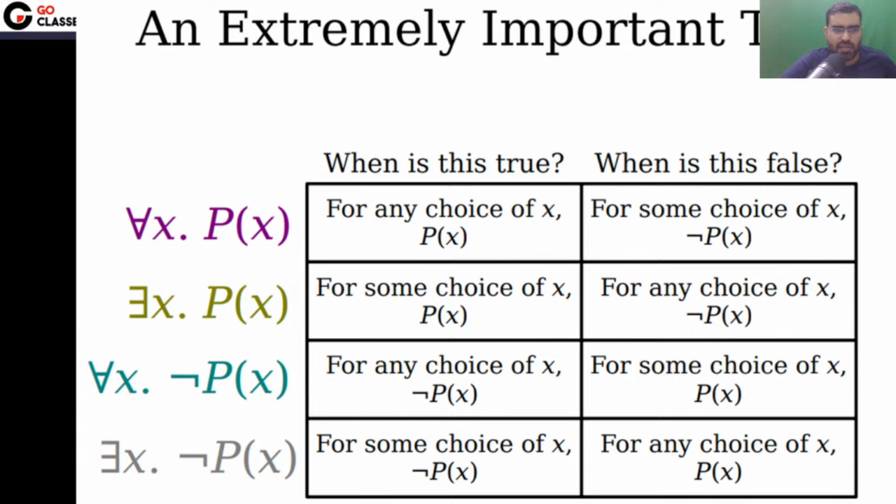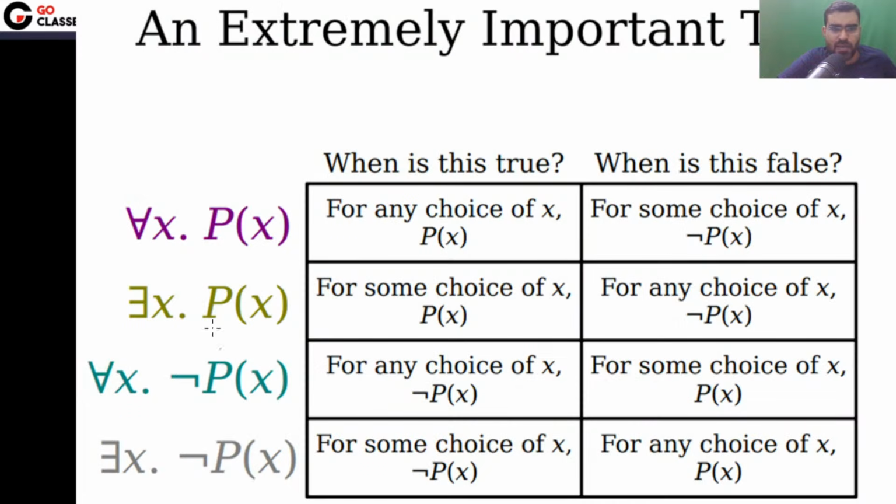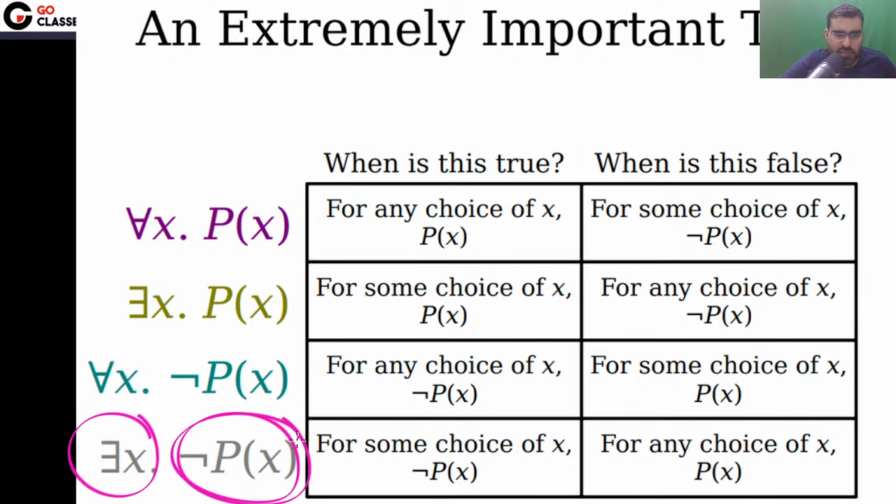And what about this one? If I give you this one, there exists X, negation P(x). This will be true if for at least one element this negation is true, which means for at least one element P must be false. When will this be true? If the negation is true, it means P(x) is false.